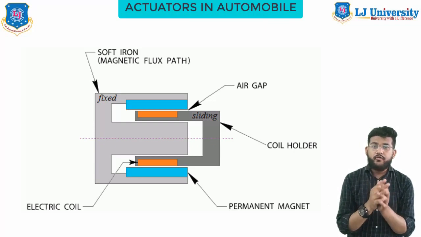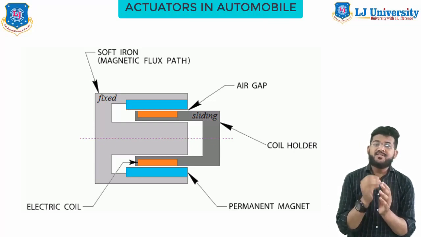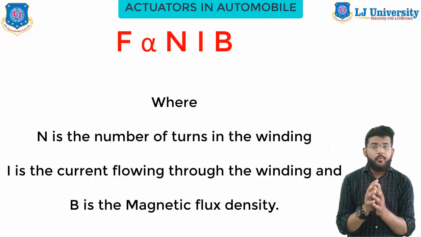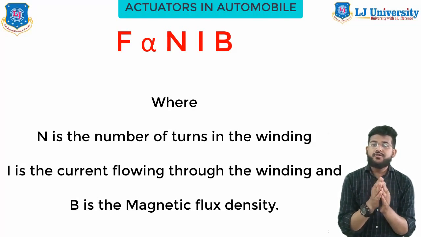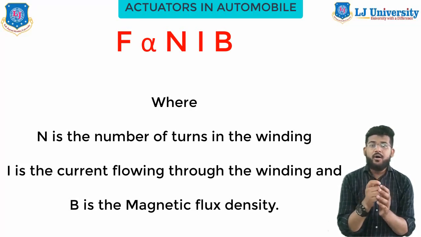The amount of force generated is expressed by this formula: F is proportional to NIB, where N is the number of turns in the winding, I is the current flowing through the winding, and B is the magnetic flux density.